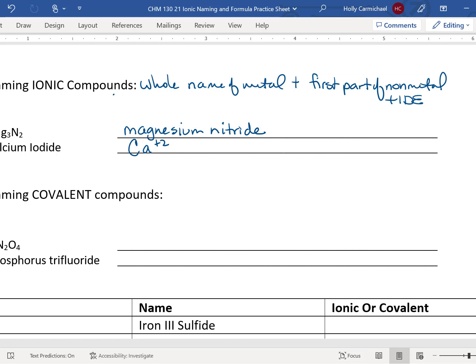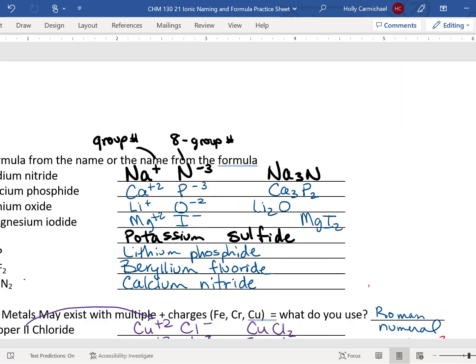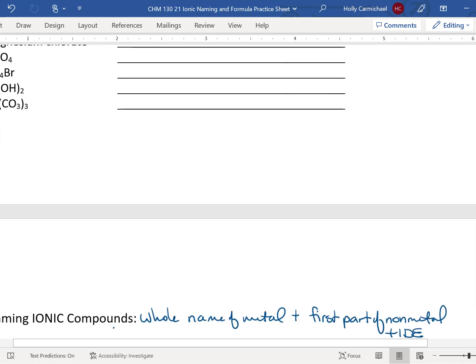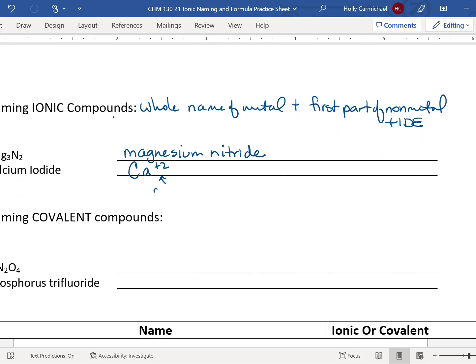Remember, for the metal, it's the group number. And then iodide, what's its symbol? I. And what's its charge? -1. How did you know? I figured out that charge because it's 8 minus its group number.